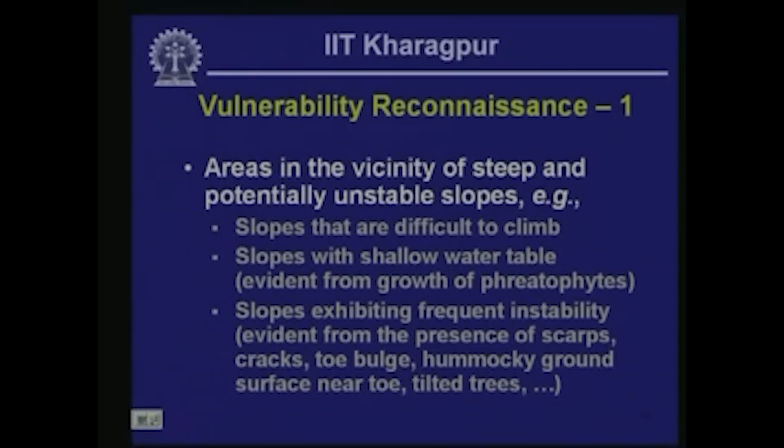We looked at a list of such anecdotal evidence of potential slope instability earlier as well. So, if you have slopes that have these characteristics, then those slopes are vulnerable to landslides, and areas in the vicinity of such slopes are likely to be affected by landslides.